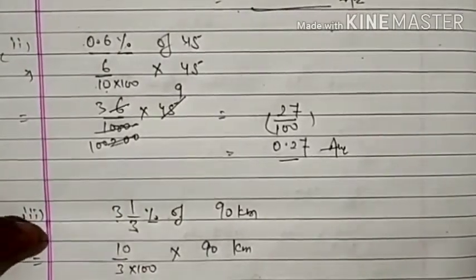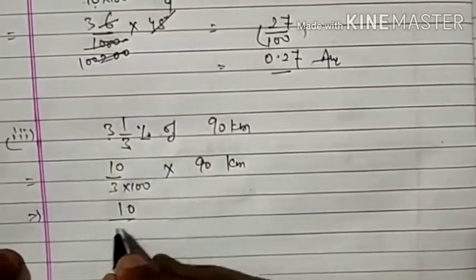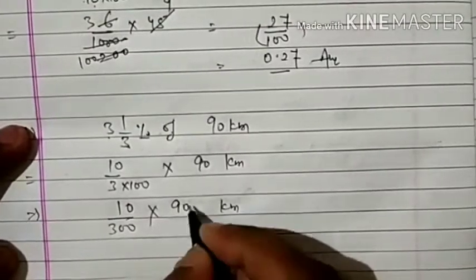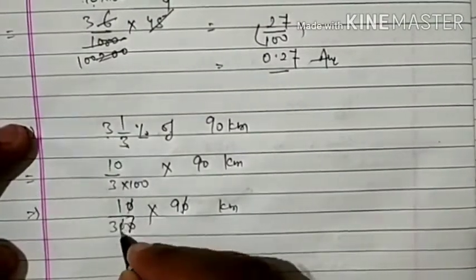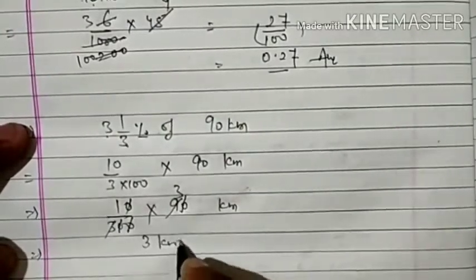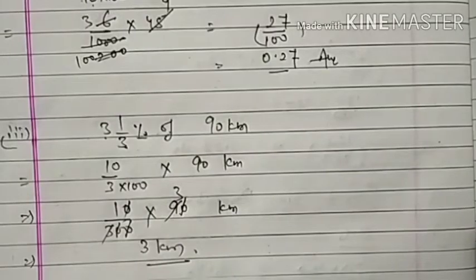So 10 by 3 into 100, 300 into 90 kilometers. 0 will cancel 0, 0 will cancel 0. 3 3s are 9. What do we get? 3 kilometers as our answer. I hope it is clear.